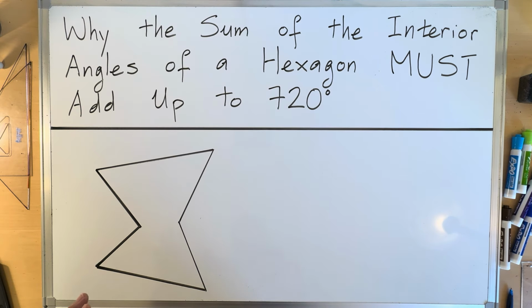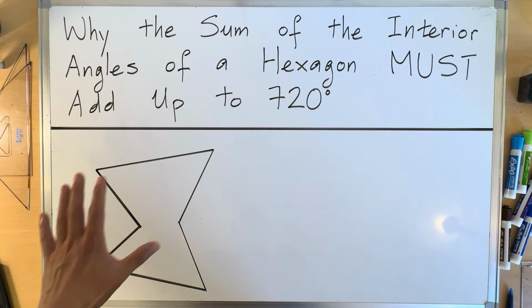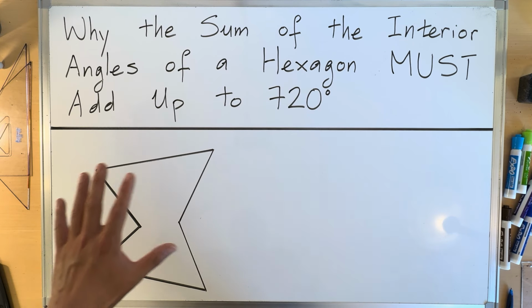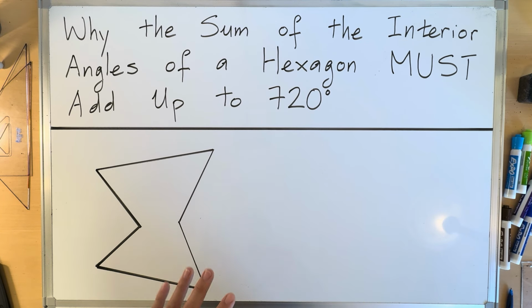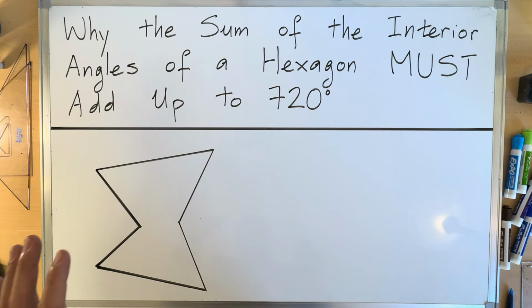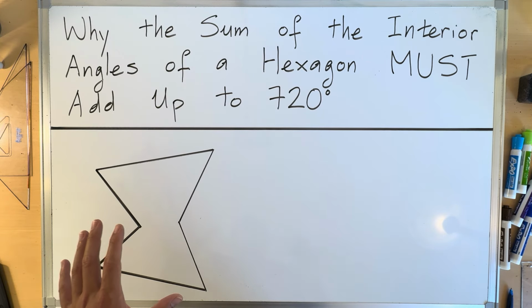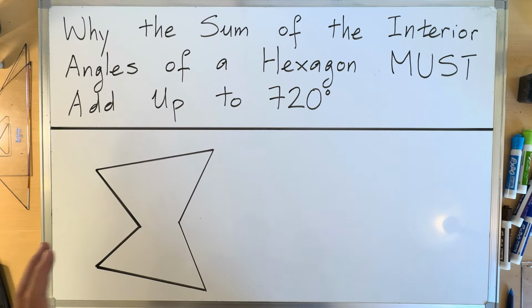And I will illustrate using this irregular concave hexagon right here. Now, the reason why I used an irregular concave shaped hexagon instead of, let's say, a regular convex hexagon is because an irregular concave hexagon is out of the usual.